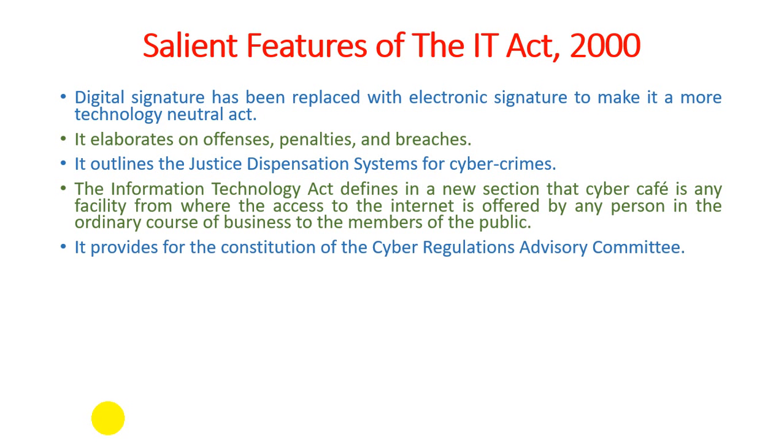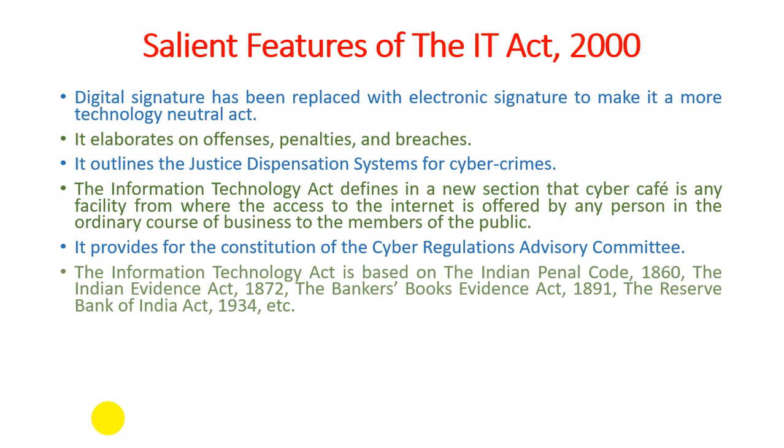It provides for the constitution of a cyber regulations advisory committee, because it is developed by the IT Act. The IT Act is based on the Indian Penal Code 1860, the Indian Evidence Act 1872, the Bankers Book Evidence Act 1891 and the RBI Act 1934, which we discussed in the previous slide.